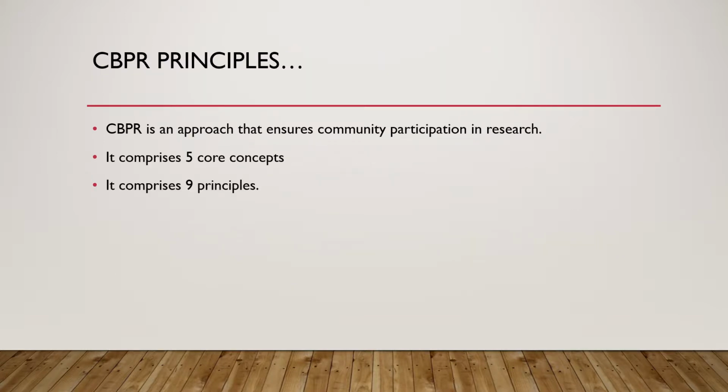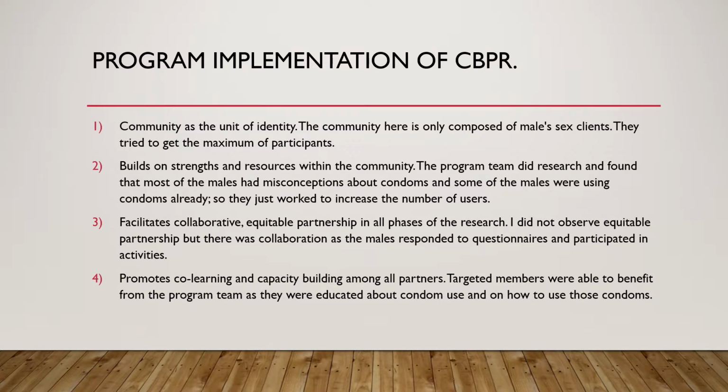Community-based participatory research is an approach that ensures community participation in the research, which was successfully done in this program. It comprises 5 core concepts and 9 principles. So now we are going to talk about how the CBPR principles were implemented in the program.